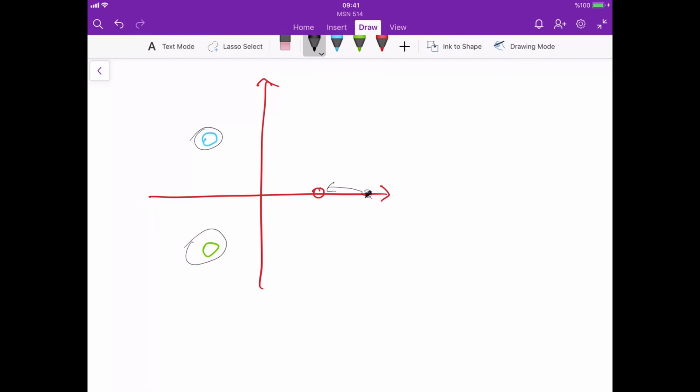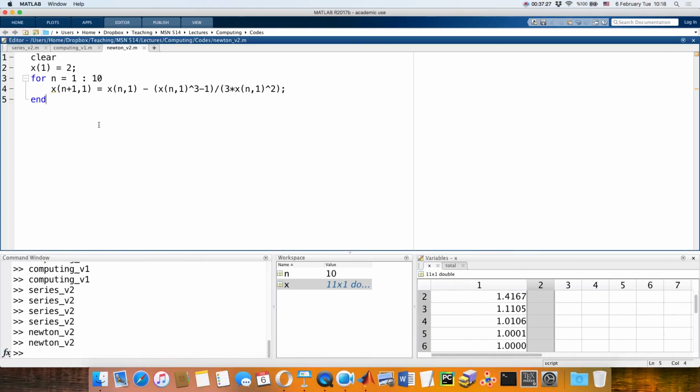No? Okay, I just said x equals 2, right, in this program. x equals 2, and it took me to x equals 1. What if I start with x equals i?